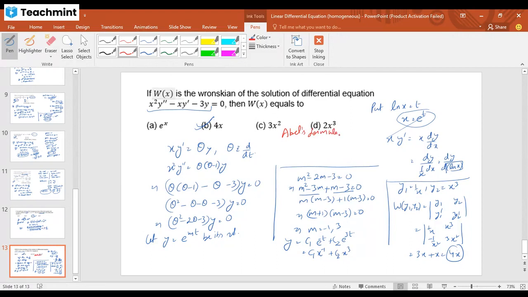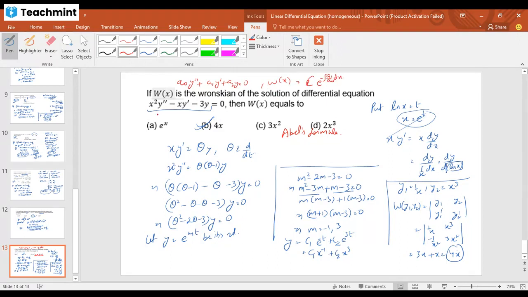Abel's formula states that if you have a differential equation of the type a naught y double dash plus a1 y dash plus a2 y equal to 0, then the Wronskian of the solutions is given by some constant multiple of e raised to the power minus integral of a1 upon a naught dx.